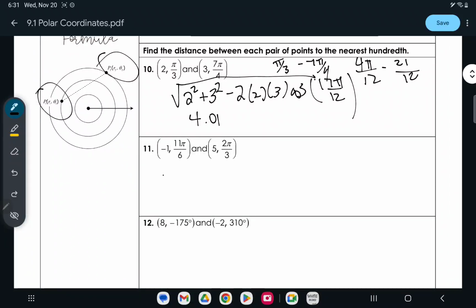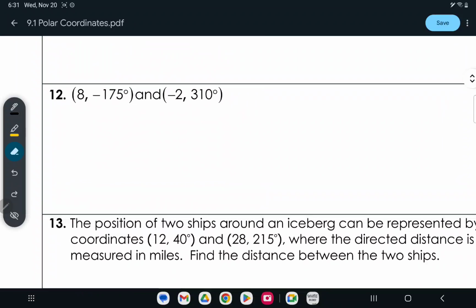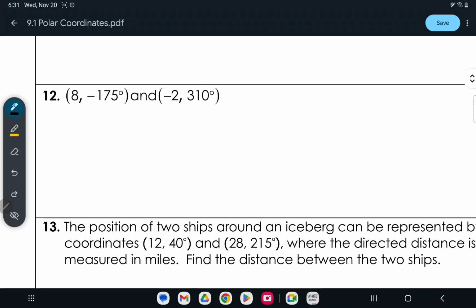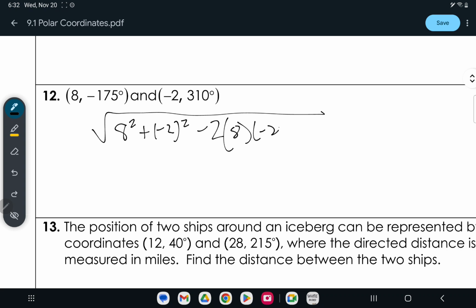Let's do another one. So square root. Actually, we'll do a degree one. How about that? So square root of 8 squared plus negative 2 squared minus 2 times 8 times negative 2 cosine of the difference in the angles.